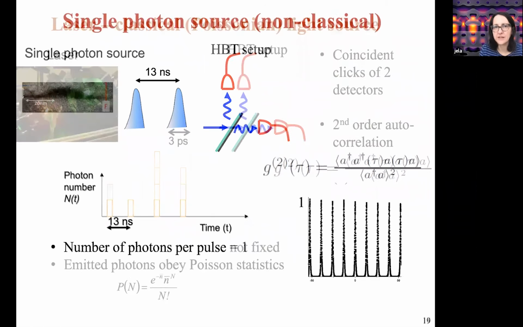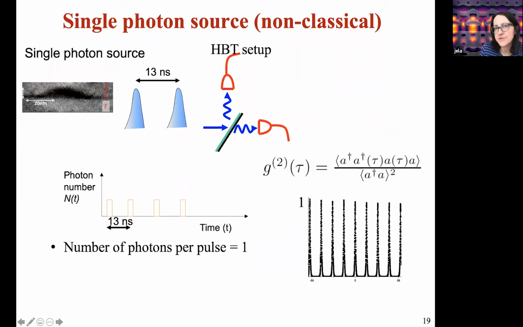If, on the other hand, you produce something like a single photon source, which has as the output precisely a Fock state, 1 photon at the output, then the autocorrelation function would not look like this. The way to measure the autocorrelation function is this setup, which we call an HBT setup, or Hanbury Brown and Twiss type setup, where you send your beam, divide it by a beam splitter, and then send it into 2 detectors.